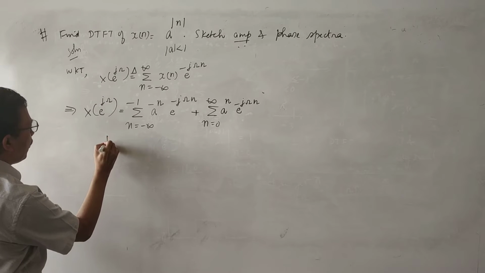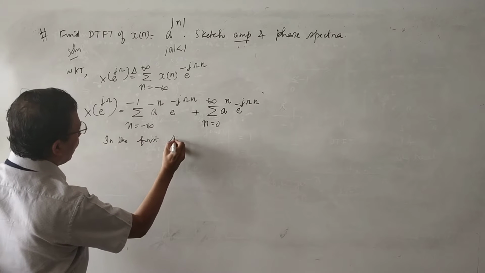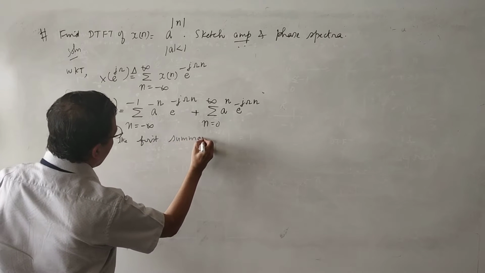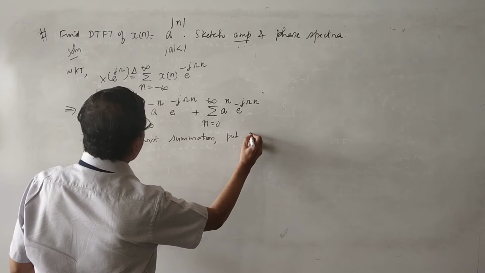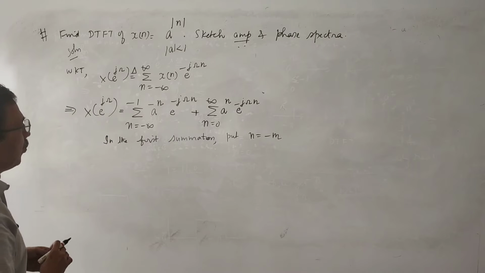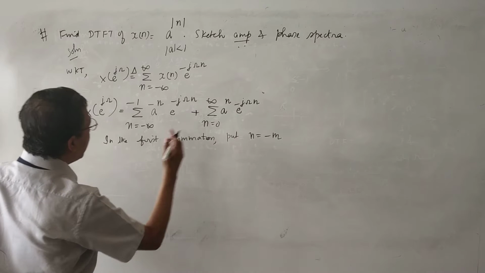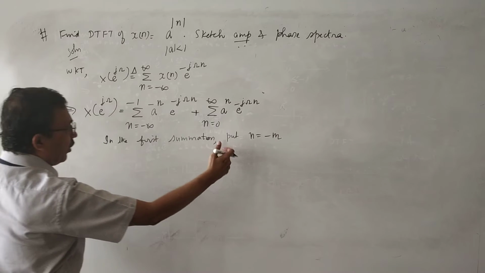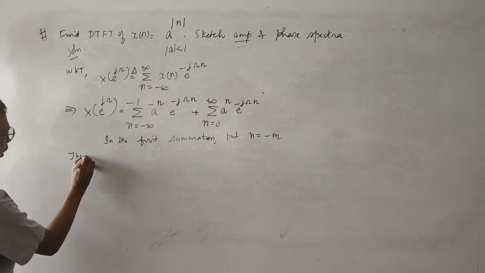In the first summation, put n equal to minus m. The objective is to make the summation limits positive. When n equals minus infinity, what is m? Plus infinity. When n is minus 1, what is m? Plus infinity, then 1. Then what we get?